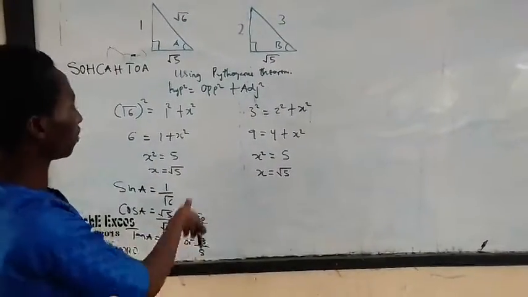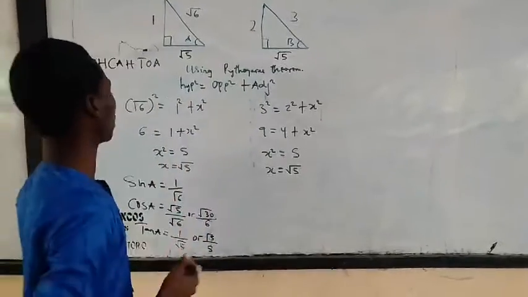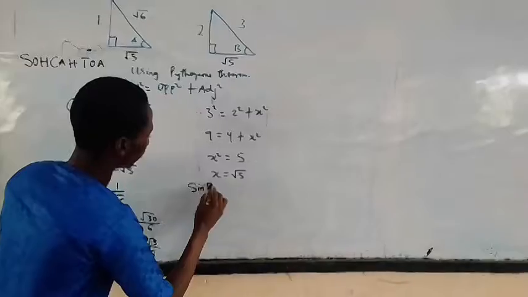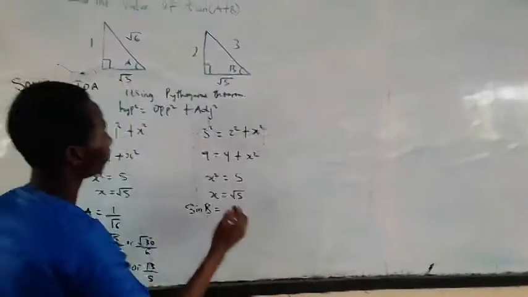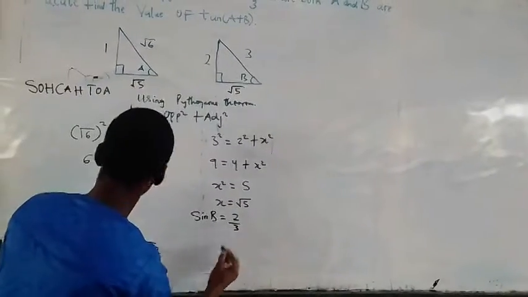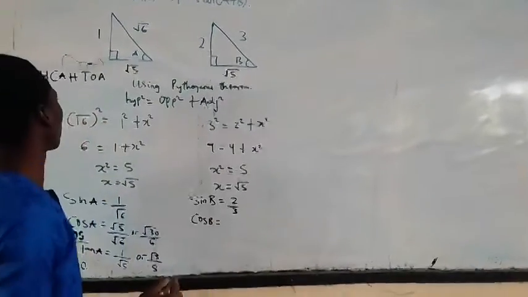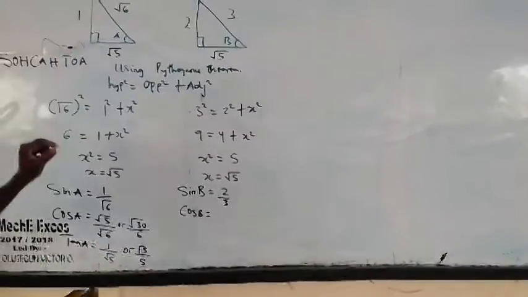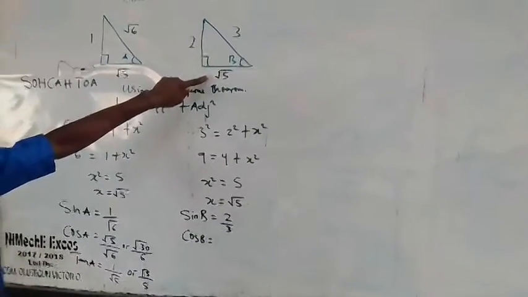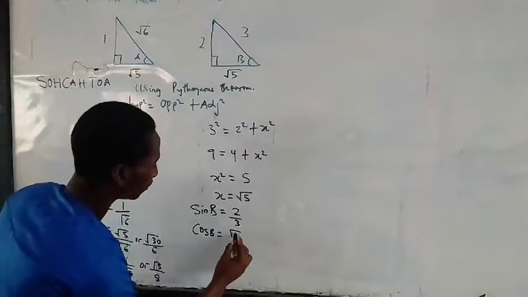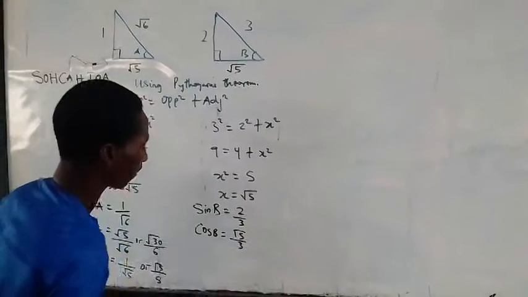The same thing we follow here, we are going to apply it to our acute angle B also. Our sine of acute angle B has already been given as 2 over 3. So cos B will be what? Our abbreviation, adjacent over hypotenuse. So we have root 5 all over 3.